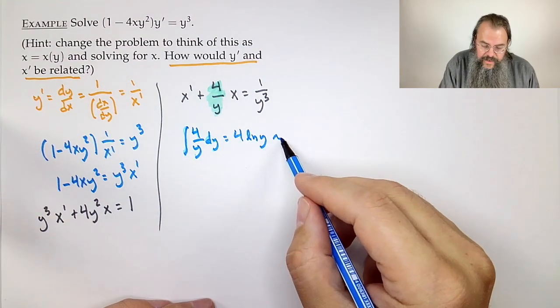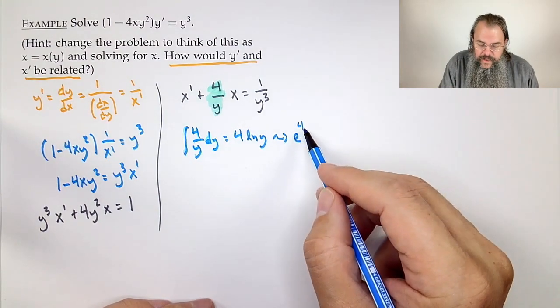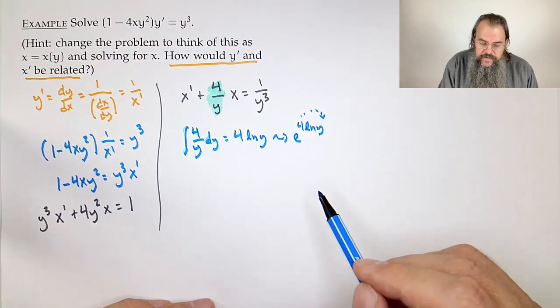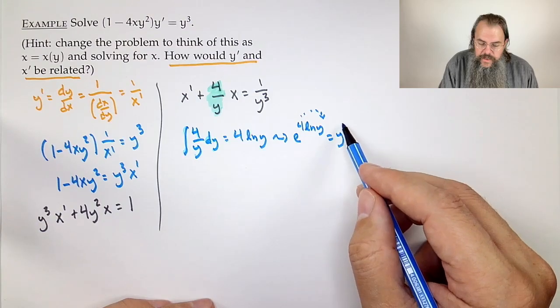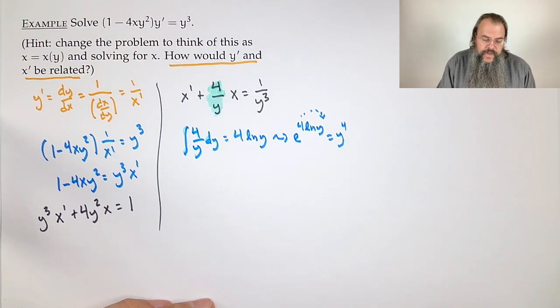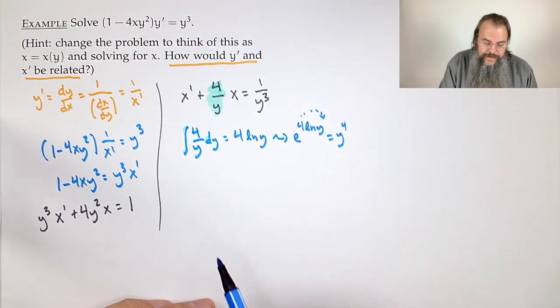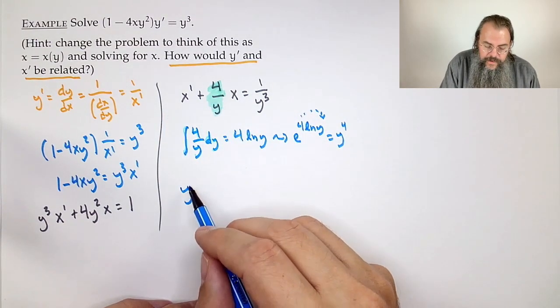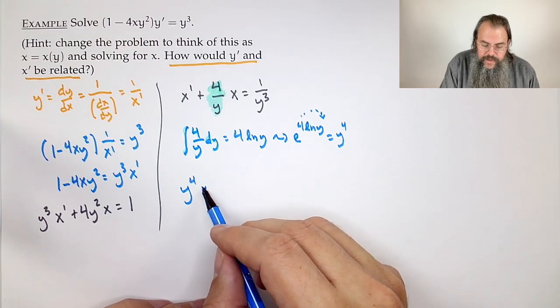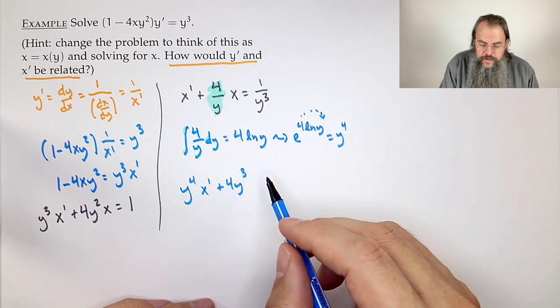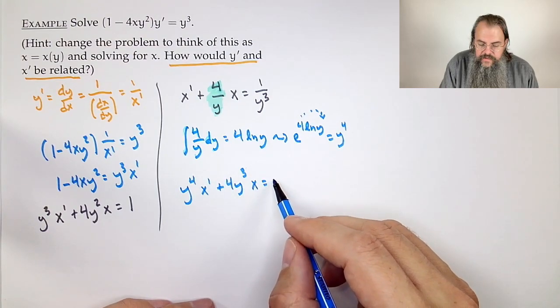And so, e to the 4 log of y. Not surprisingly, the 4 goes in as an exponent. This becomes y to the 4th. So we need to multiply everything in our equation by y to the 4th. So you get y to the 4th times x prime plus 4y cubed times x is equal to y.